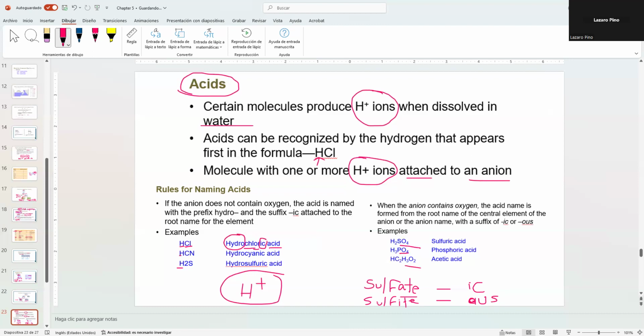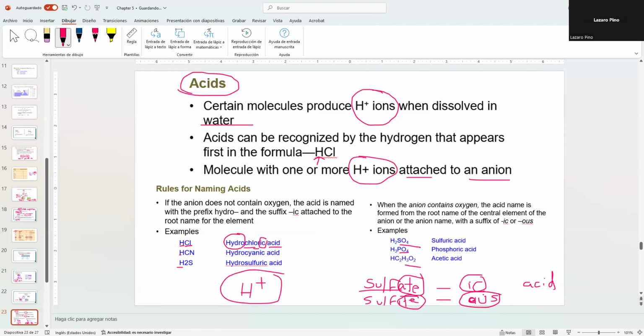Then in this case it will be sulfuric, sulfurous acid. Then you use the root of the polyatomic ion, and you change the ate to ic and the ite to ous.